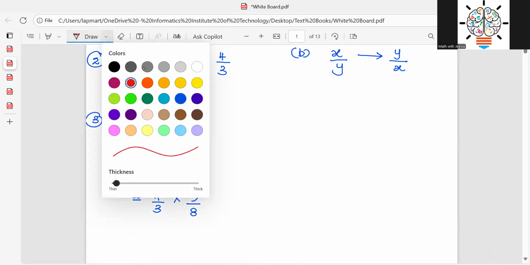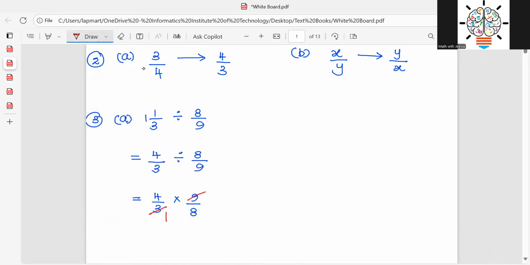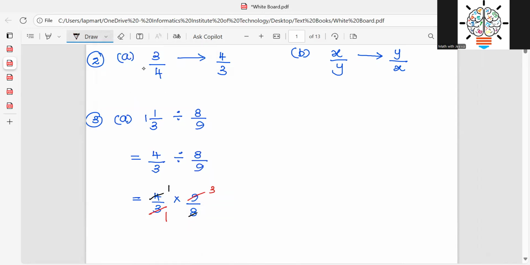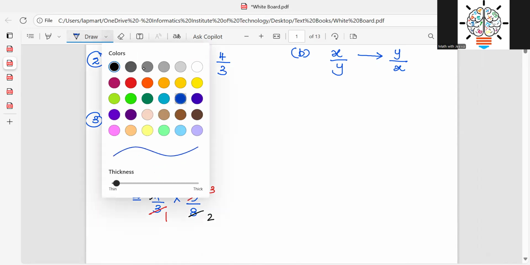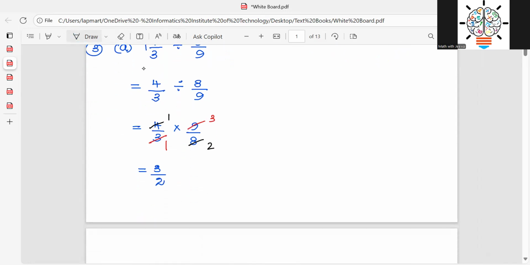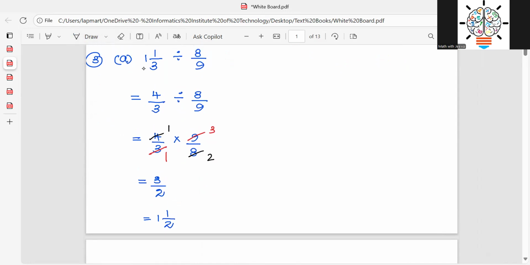I can simplify 3 times 1 and 3 times 3, and 4 times 1 and 4 times 2. The final answer: 1 times 3 is 3, 1 times 2 is 2, so I can write this as a mixed number, 1 and 1 over 2. Let me double check quickly: 4 over 3 times 9 over 8, 3 times 3 is 9, 4 times 2 is 8, giving 3 over 2.